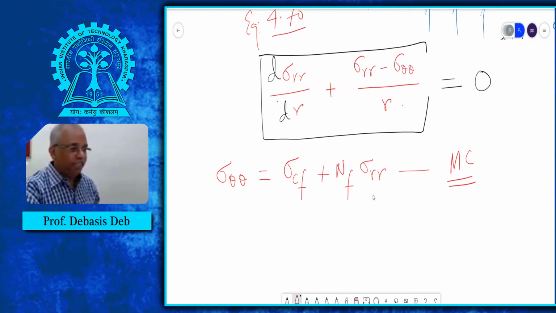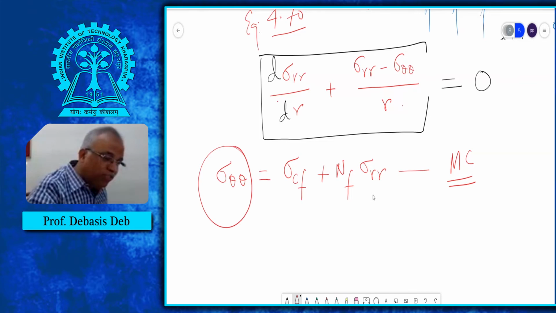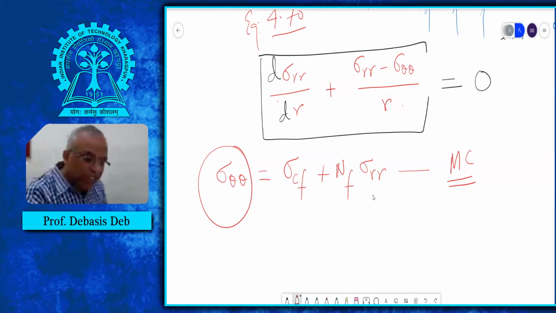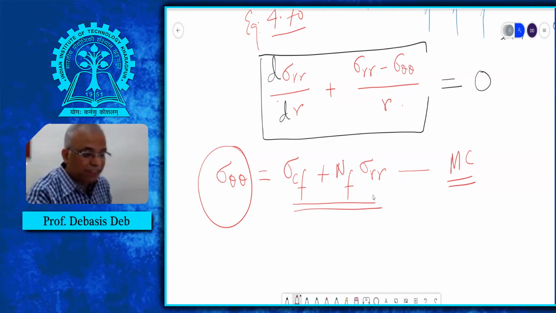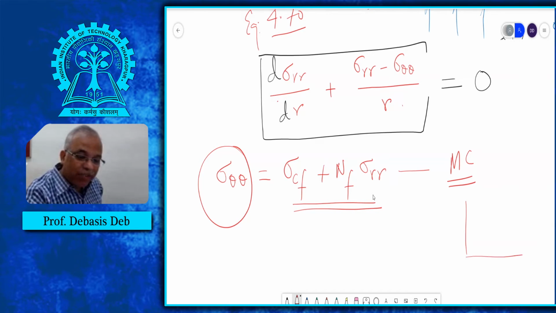I am saying the maximum value of sigma theta theta is now given by this. Sigma theta theta cannot exceed this. That is what I showed you before also.